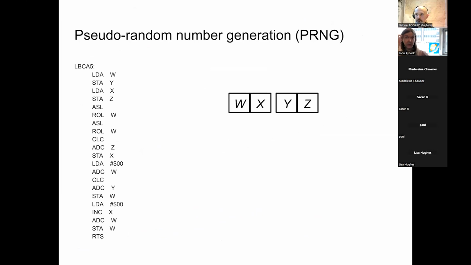In addition to Entombed's maze, the game had what's called a pseudo-random number generator, code that would produce random-ish numbers for gameplay. I simplified it here to make it more readable. The code's basically producing random numbers by manipulating two values that I've labeled WX and YZ. So it's performing a calculation.